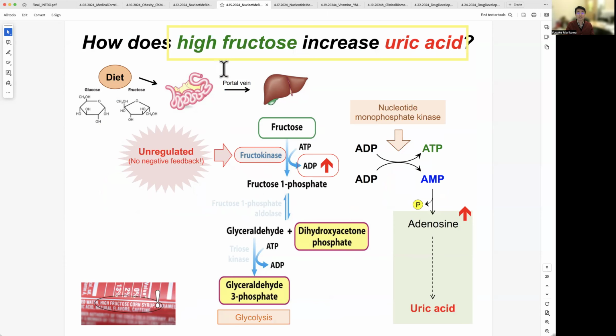What you need to know is that fructose is going to increase uric acid. Glucose does not, because glucose goes through glycolysis, which is regulated. Fructose is unregulated, and that's why it ends up as uric acid. Fructose increases uric acid.